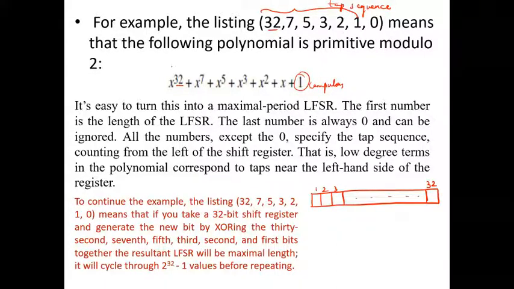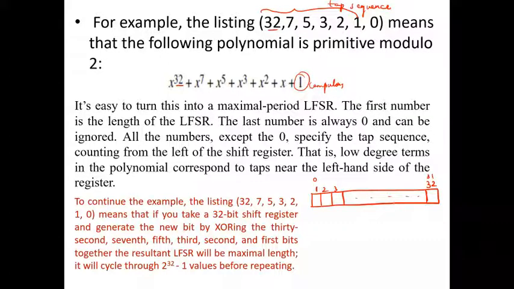Remember, the highest length of the shift register is 32 bits. So start with bit number 1 from the left and go up to 32, or if you consider this as 0, it will range till 31.